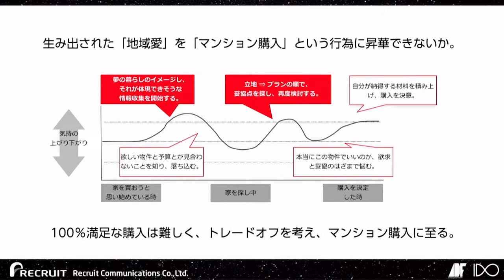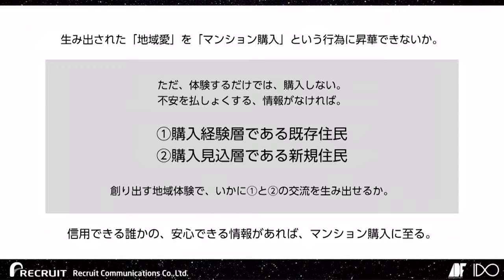As we saw in the survey, people who buy a condo take a year to 3 years to consider. There's no 100% satisfaction for a person buying a condo. They like that, but it's too expensive maybe. They have lots of trade-offs. And therefore, just the experience is not going to tie to purchase of a condo.